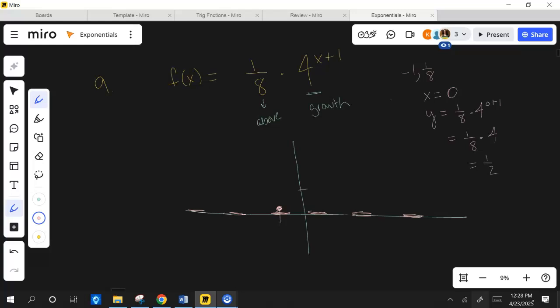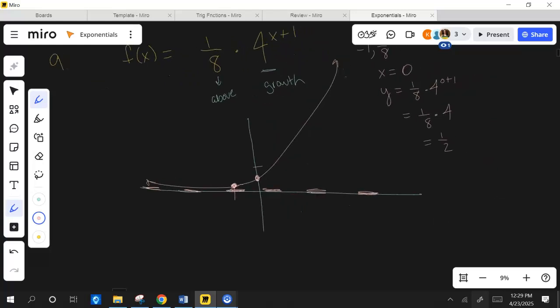So 0, 1/2. 1/2 is higher than 1/8. So when I connect these, it's going up to the right and it's hugging the asymptote to the left. That's right.